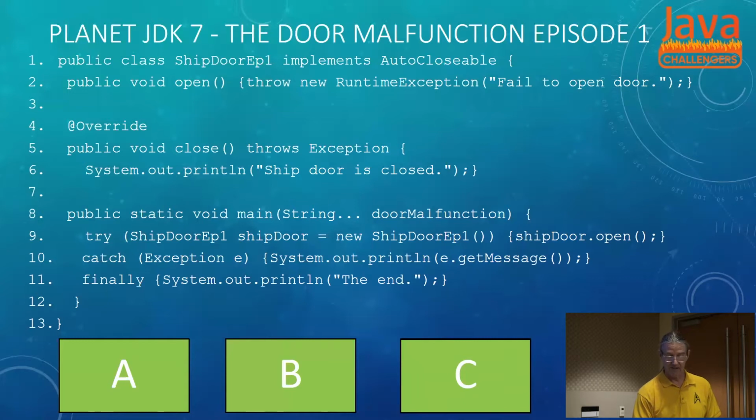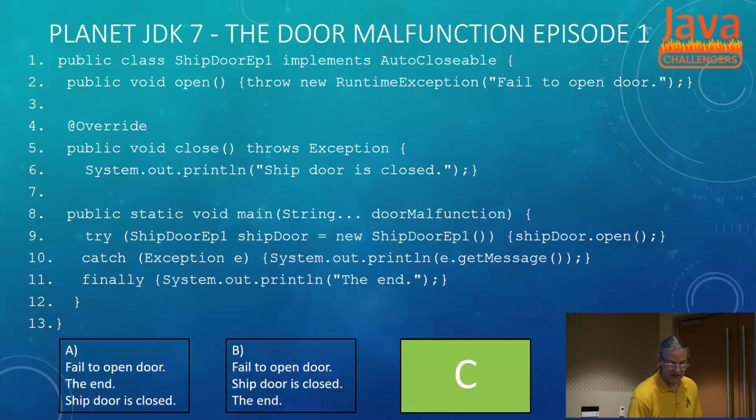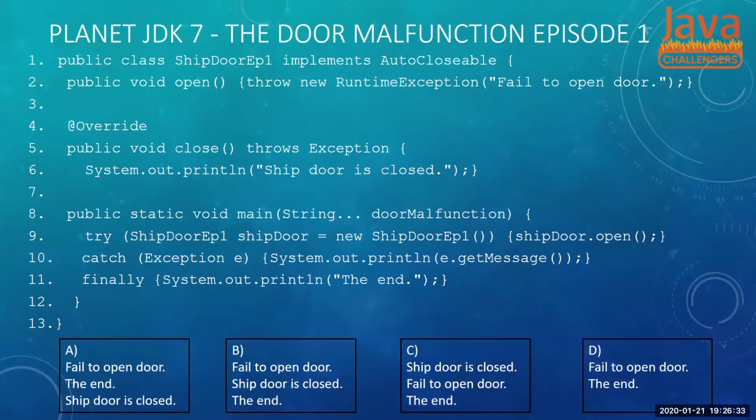Okay, door malfunction. Let's see. So let's go through A, B, C, and D again. Doors. And the question is, what's the code going to do? We've got a couple of ship doors here. We got an exception. We got an override method. Okay.